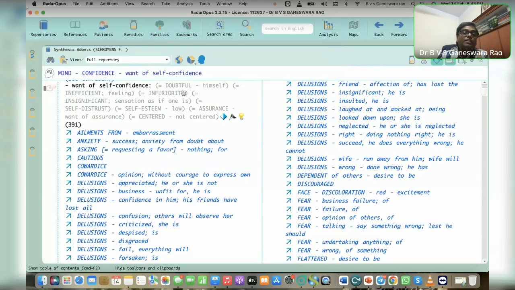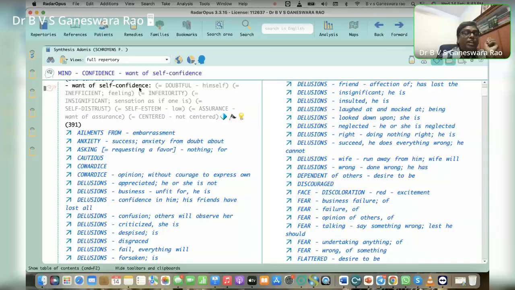So want of self-confidence, this is the rubric. Okay, so we have 391 remedies in this rubric.